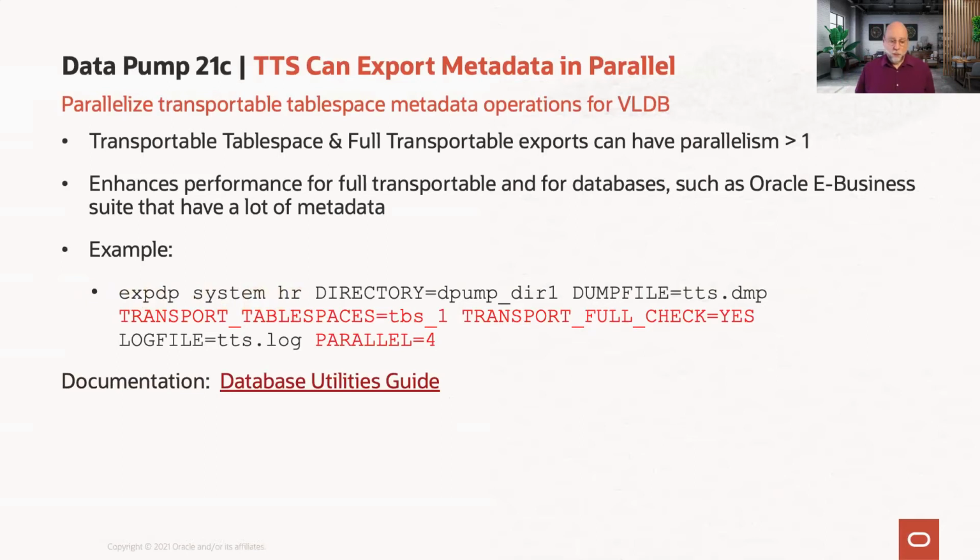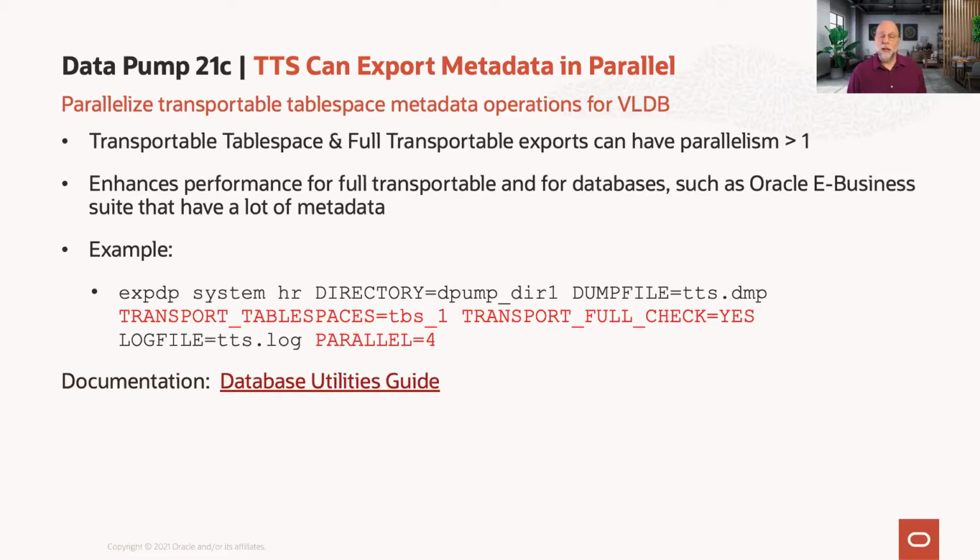One is that we can now export and import metadata in parallel starting in 21. This is a big change for transportable tablespaces. We introduced parallel metadata export back in 12.2, but that was for dump file jobs, not for network mode or transportable.